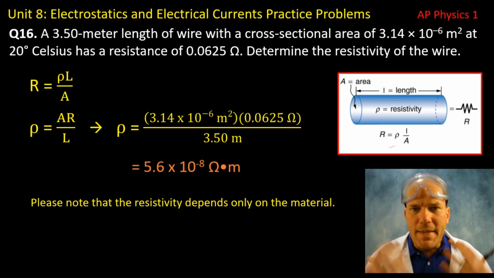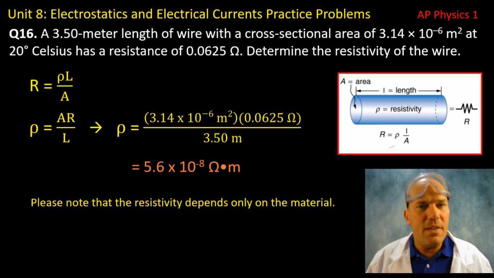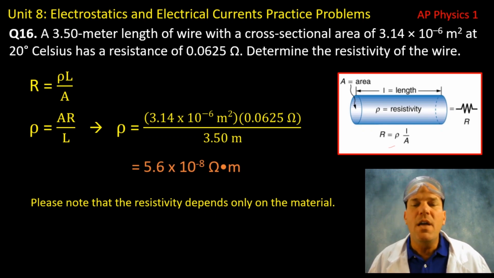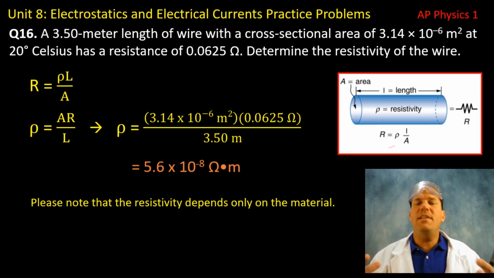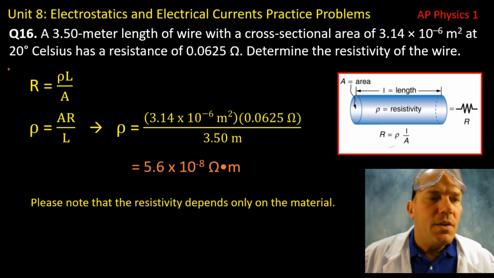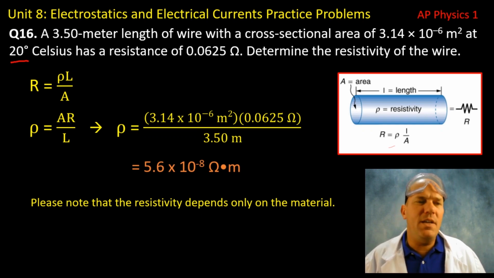Okay. And again, if College Board asks you any questions about resistivity, make sure that you understand that it depends solely on the material. It is a property of the material. Also, you're going to note in these problems that you're going to be given the temperature.